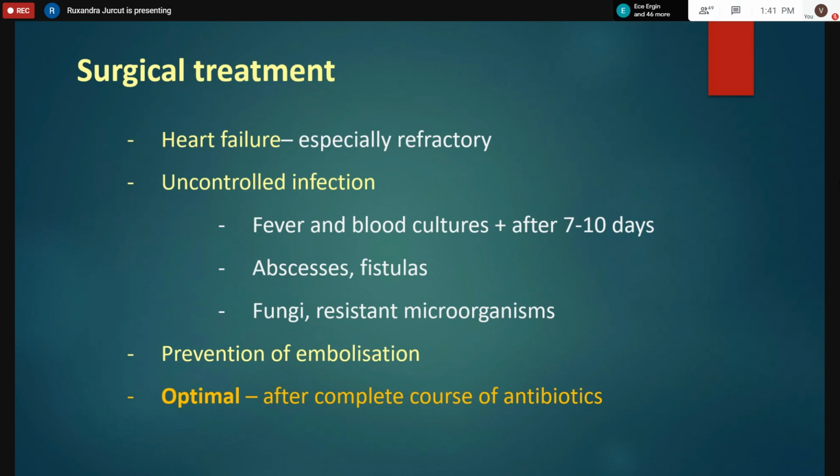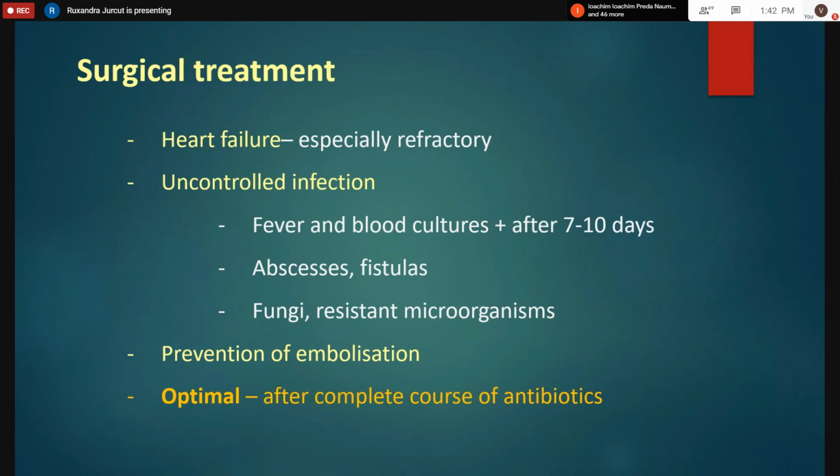For many patients, not all, but many patients, there is need for surgical therapy. It might be that patients need urgent surgical treatment, or they might need non-urgent, deferred surgical treatment after the antibiotic was efficient already. Because surgeons prefer that the patient is operated on in sterile tissue.